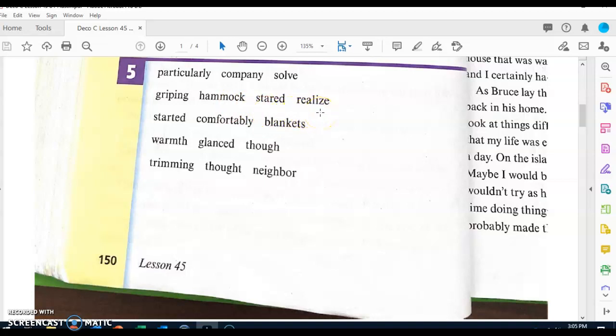Next word. What word? Realize. Next word. What word? Started.